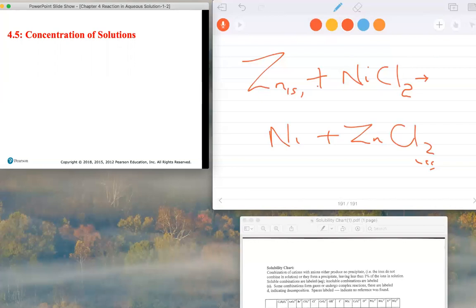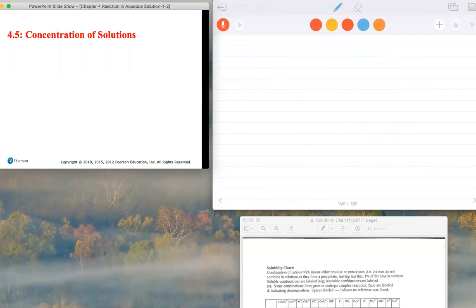The relative amount of solute in a solution, and in particular, when we say amount, it's the number of moles. Number of moles. It's a convenient unit. The unit of concentration is used to express this. It's the same as molarity.